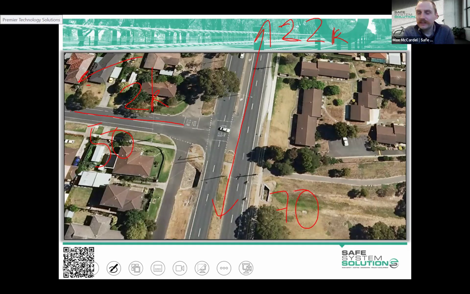The only current control in place is a give way for the local street, and all turning movements are permitted. So you can turn left in, left out, you can go right in, right out. As you can see, all of those turning movements are permitted. There's a little service road on this quadrant here.